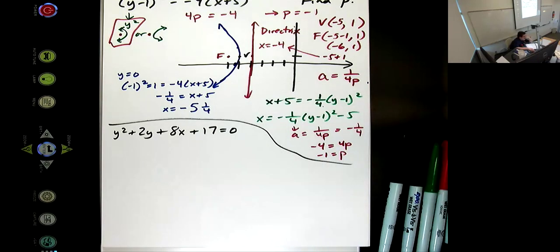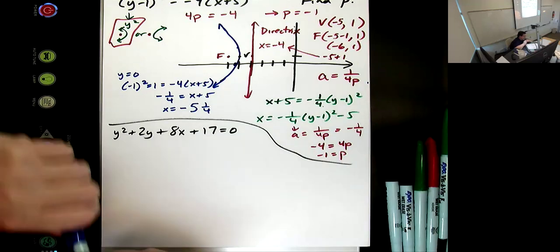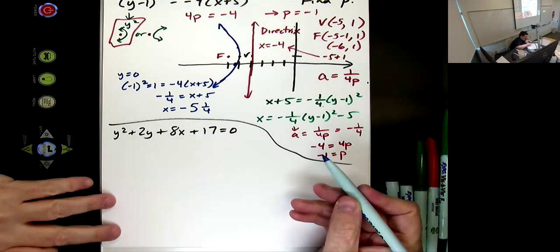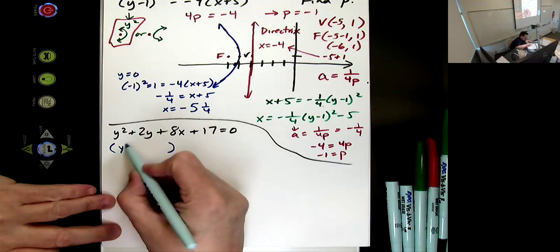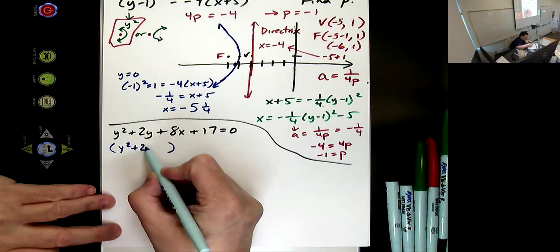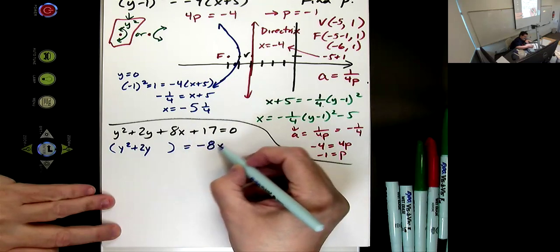I only have one square term, which is a y. So I am going to complete the square on the y, and maybe I'll subtract over the other stuff to the other side.